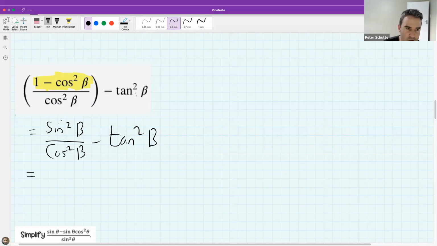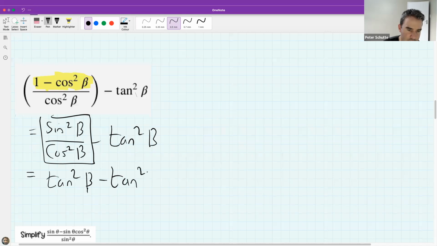Aha, and then I can rewrite this as tan squared beta. And then I'm left with that. And then anything minus itself will be equal to 0. So that will be equal to 0.